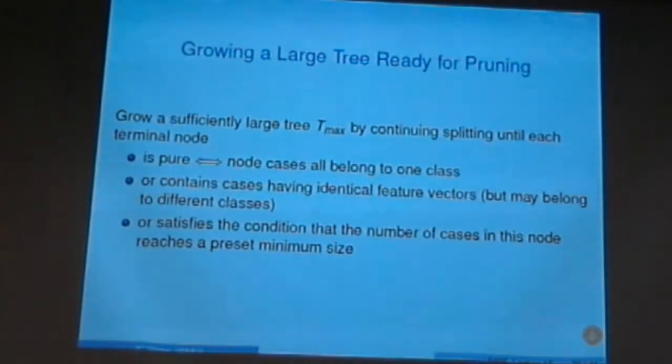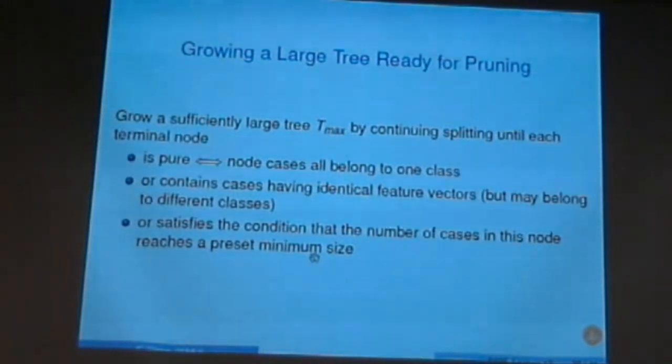And actually the RPART package adopted number 3, until the number of cases in a node falls below a set minimum size. So I'll talk more about that. Basically, the package RPART adopts the third criterion.